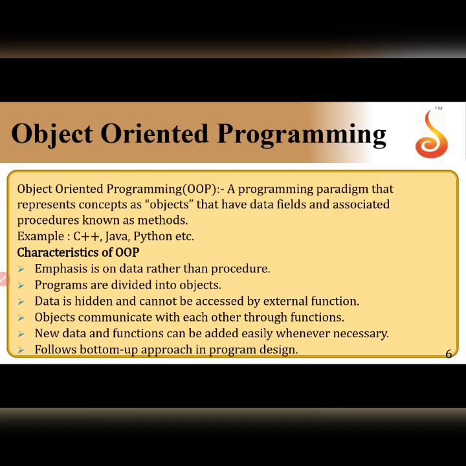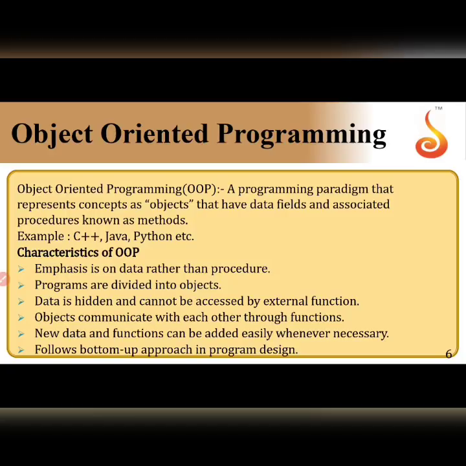That is, C++ supports standalone functions, whereas Java is a pure object-oriented programming language. It does not support standalone functions. Everything has to be put in a class. So C++, Java, Python are some examples of object-oriented programming languages.